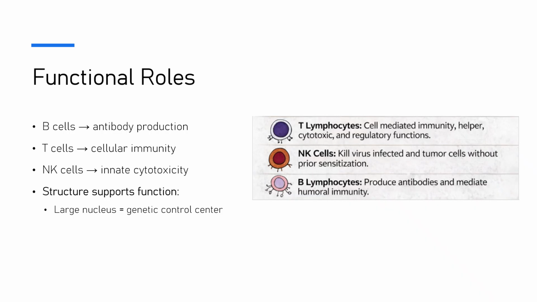So while neutrophils are built for rapid attack and destruction, lymphocytes are built more for communication, coordination, and targeted defense. Different strategies, different cell designs. And as you continue studying hematology and pathology, you'll see how changes in lymphocyte populations can tell us a lot about viral infections, immune disorders, and hematologic diseases.